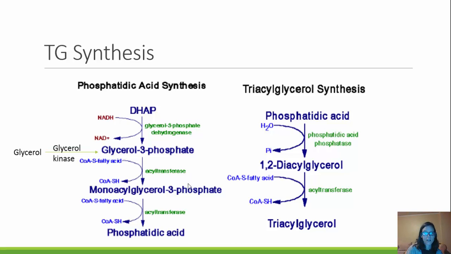So we have a monoacylglycerol here, and then it becomes a diacylglycerol. Then we remove the phosphate from the phosphatidic acid, and we are left with 1,2-diacylglycerol, because we've taken off the phosphate, and this serves as the substrate for the addition of the third fatty acid to produce triacylglycerol.